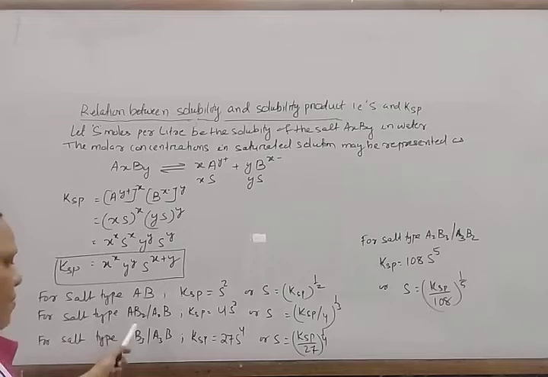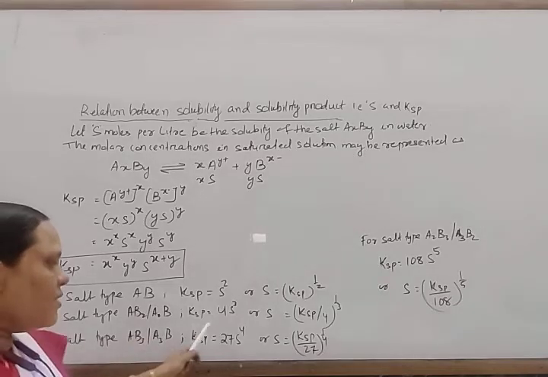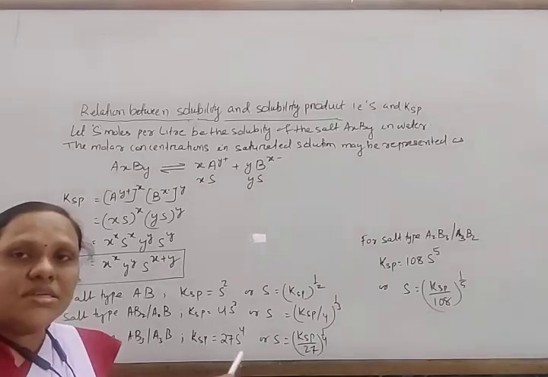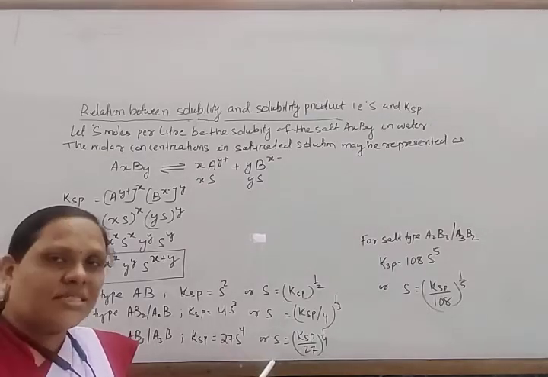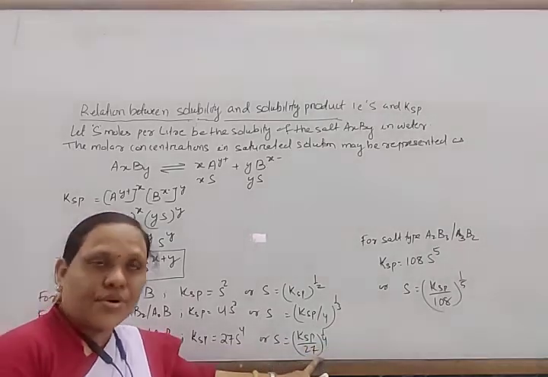Similarly, for salt type AB3 or A3B, Ksp is equal to 1 to the power 1, 3 to the power 3, S to the power 1+3, which is equal to 27S to the power 4, or S is equal to (Ksp/27) to the power 1/4.